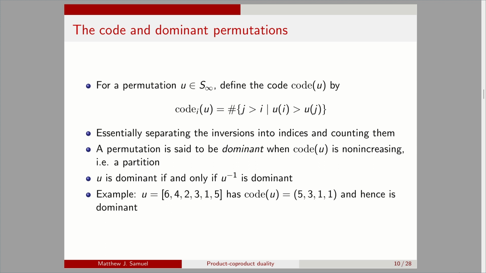A permutation is said to be dominant when the code is a partition, or in other words, it's non-increasing. A property of dominant permutations is that u is dominant if and only if u inverse is dominant. As an example, we have the permutation u equals 642315. The code of u is 5311, and hence u is dominant.